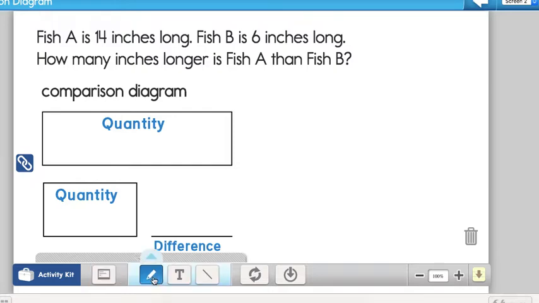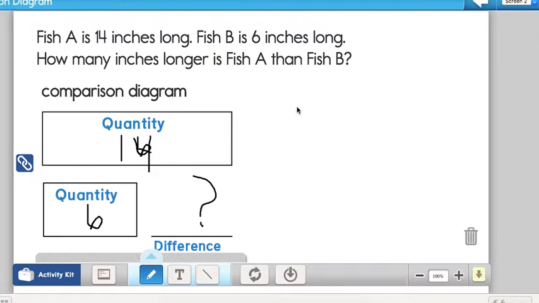When we're solving a problem like this, we want to write our larger quantity at the top. We want to write our smaller quantity at the bottom. We're almost making a part-part total diagram, except we are looking for this missing part, which would be the difference.